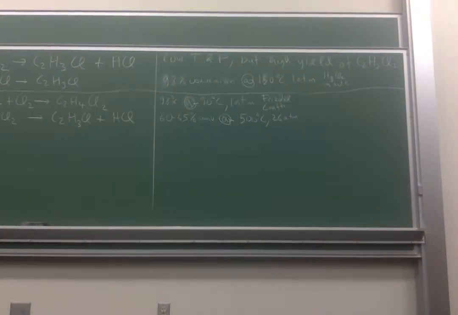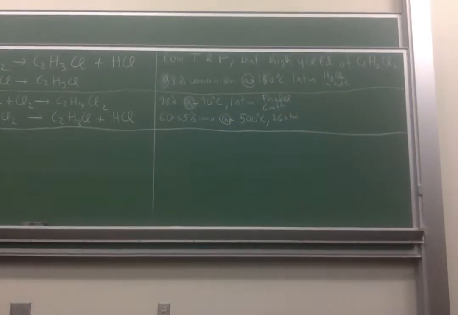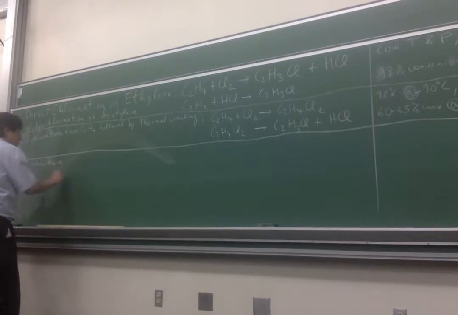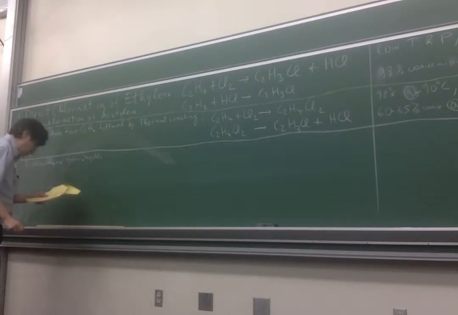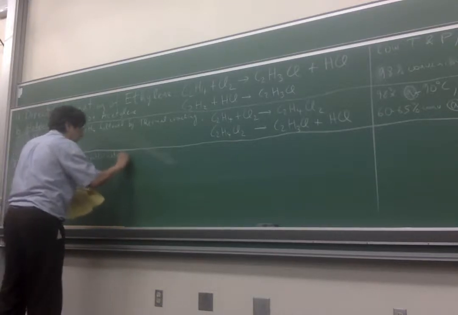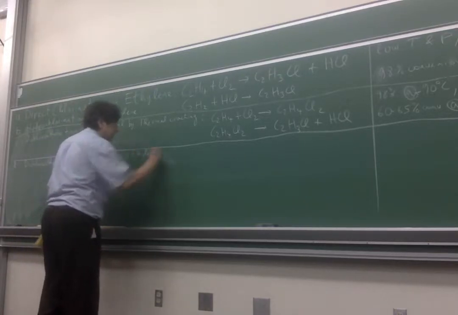Next one is a similar one, but it makes the dichloroethane differently: dichloroethane from oxychlorination of ethylene, then cracking.